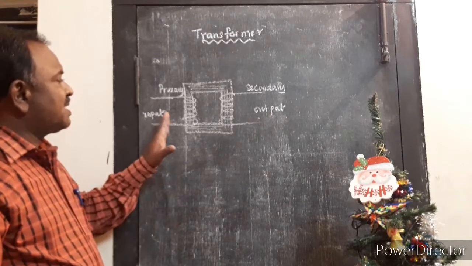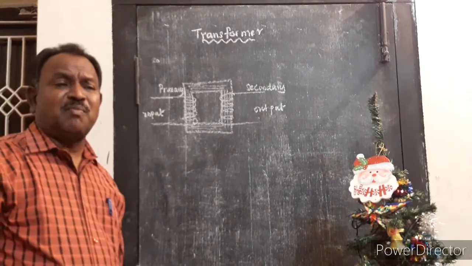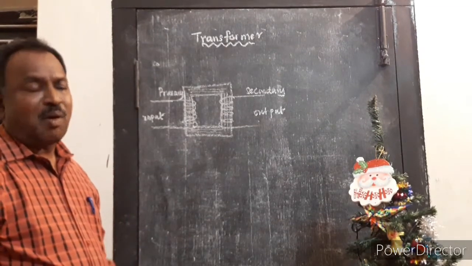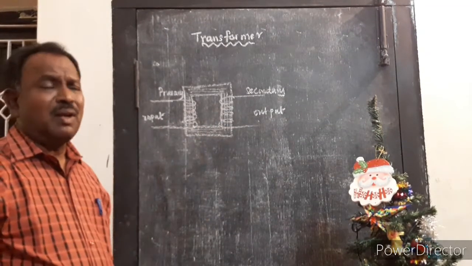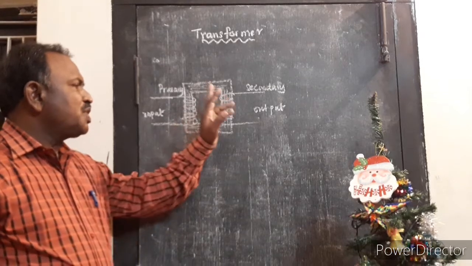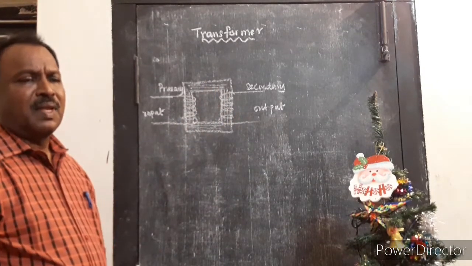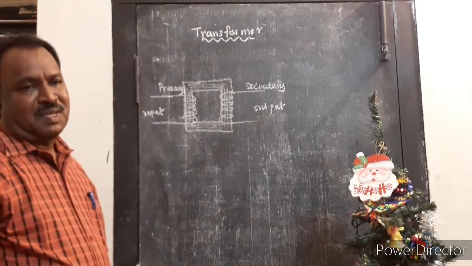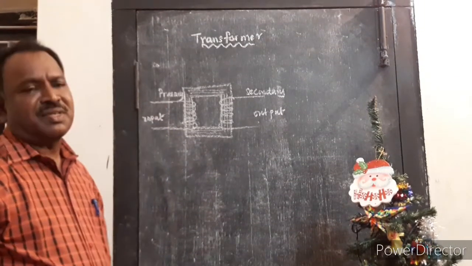Since the transformer is based on the principle of mutual induction, what is mutual induction? It is the property of a pair of coils to produce induced EMF in one coil when the magnetic flux linked with the other coil changes, or when the current through the other coil changes.